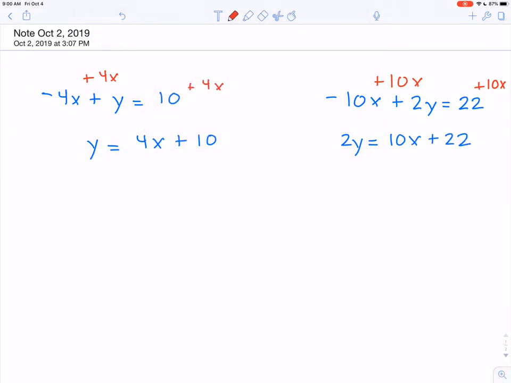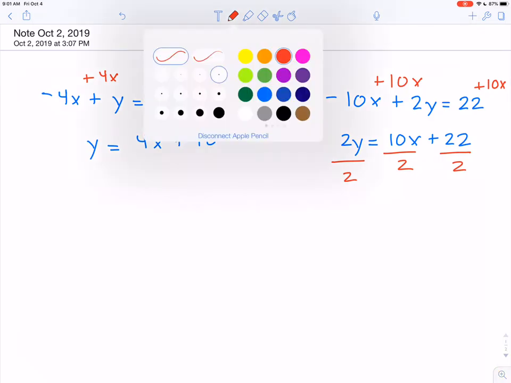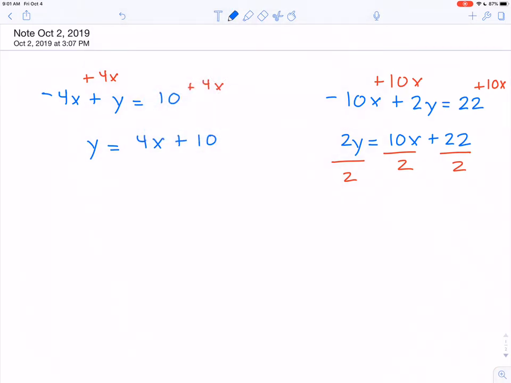And then to get y by itself now, I've got to divide by 2, and that means I have to divide everything by 2, right? All terms have to have the same thing happening to them. So this equation would become y equals 5x plus 11. So again, this one will have a y-intercept of 11 and a slope of 5.